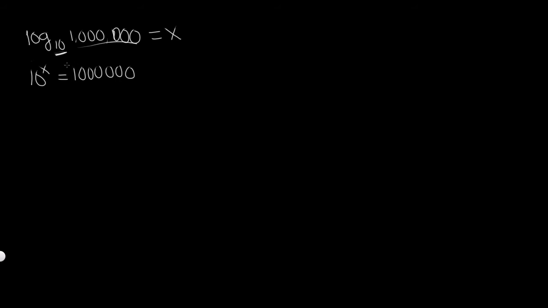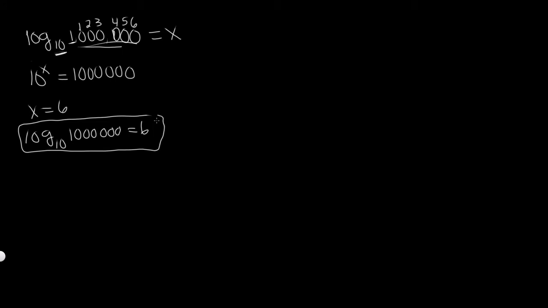Well, when we have log base 10 and this number right here starts with a 1 and then has a bunch of zeros after it, all we have to do is count the zeros. So we have 1, 2, 3, 4, 5, 6. The answer is x equals 6, or we could rewrite it as log base 10 of 1 million is equal to 6. That's a very simple way we could do it.